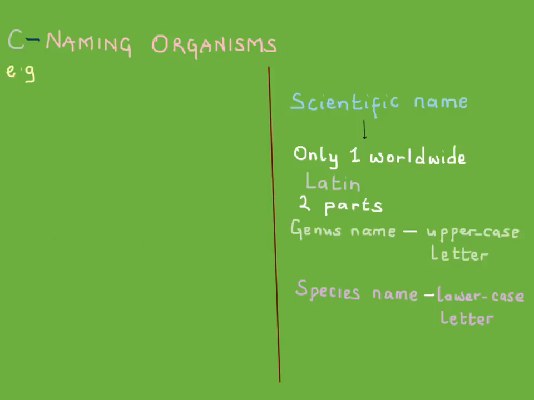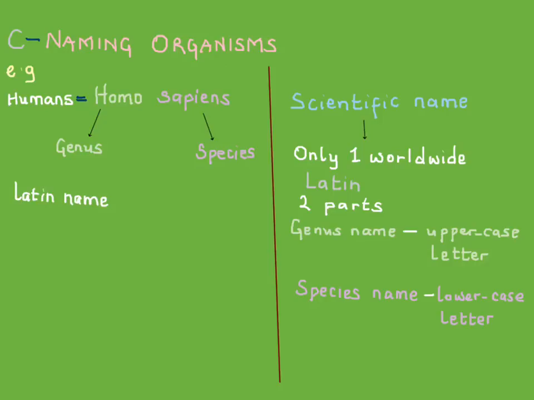For example, the scientific name for humans is Homo sapiens. Homo is the genus and sapiens is the species. The Latin name is always printed in italics, or it is underlined when typed or handwritten.